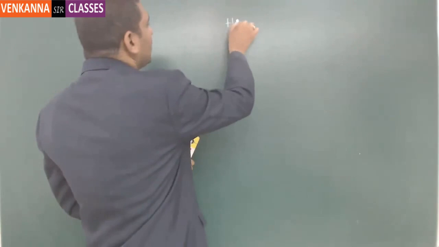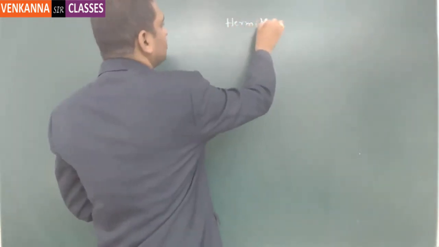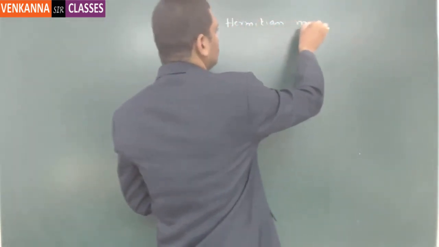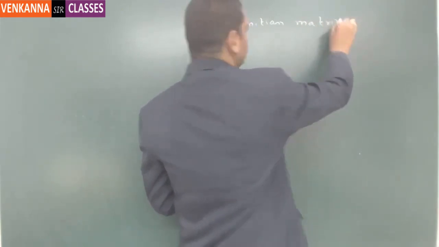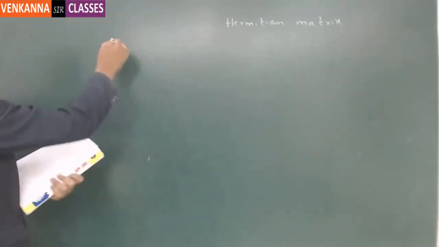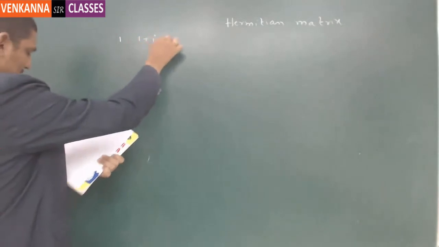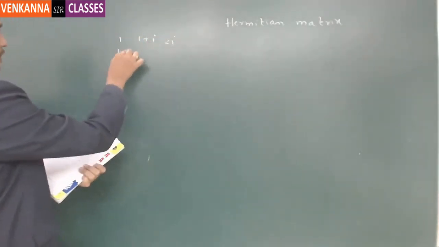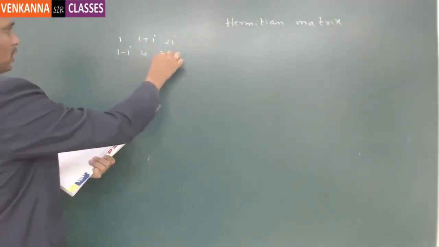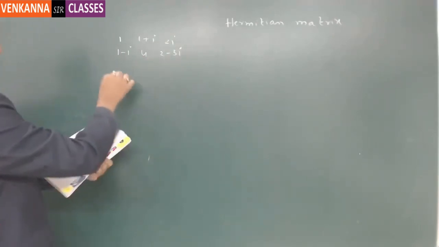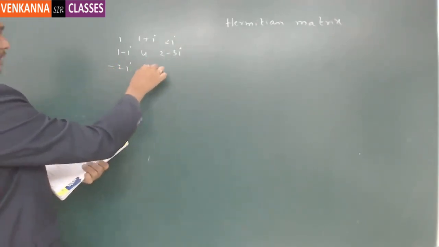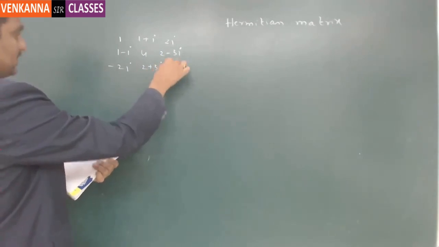So I have taken a Hermitian matrix given by 1, 1 plus i, 2i; 1 minus i, 4, 2 minus 3i; minus 2i, 2 plus 3i, 7.